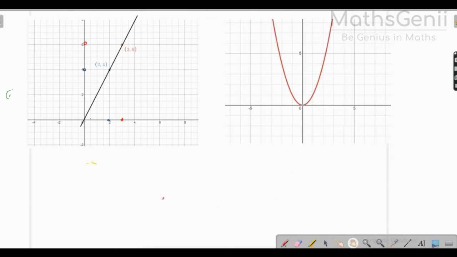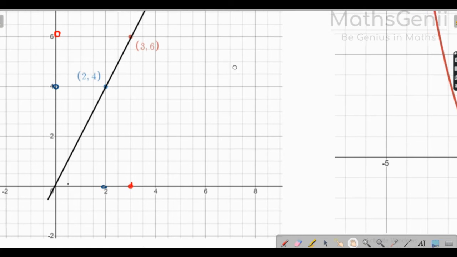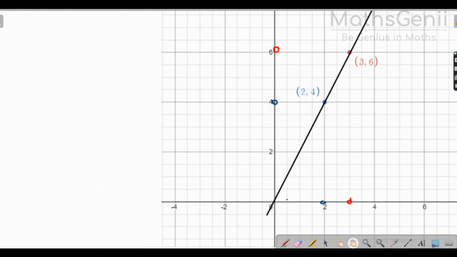Now let's derive. I think this is the moment you guys would be waiting for. Let's derive it quickly. So this is the same example we had taken the last time. Now, how did we calculate the slope? I'll just quickly write it here. We took y gradient and then we took x gradient.